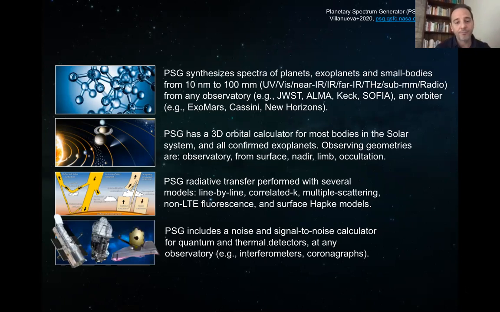Next slide. And I think the good thing is that you can also have approximations to noise. They are not what we call ETCs, or exposure time calculators, of the missions, but they give you a ballpark of how sensitive you are. So you say, hey, can I detect this molecule? And you can run it and say, okay, well, my error bar is going to be huge. Forget about it.